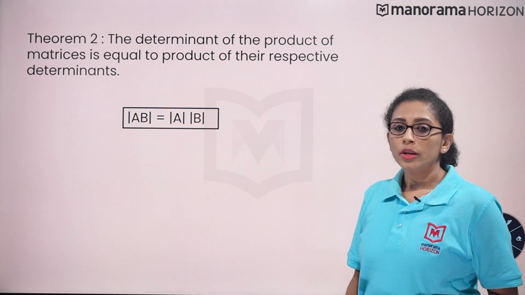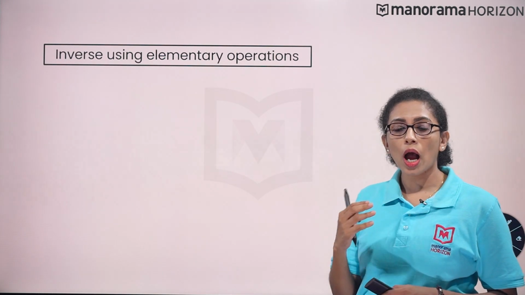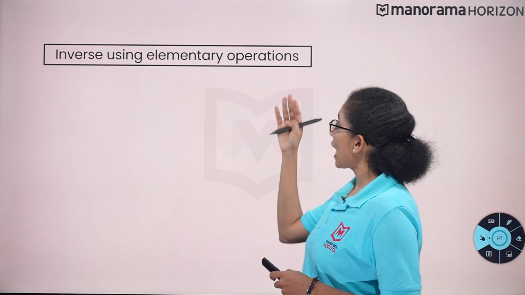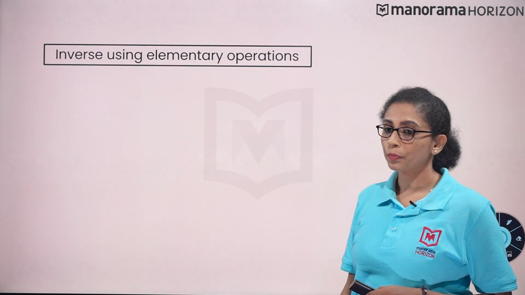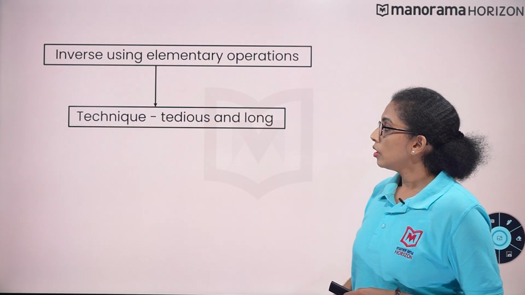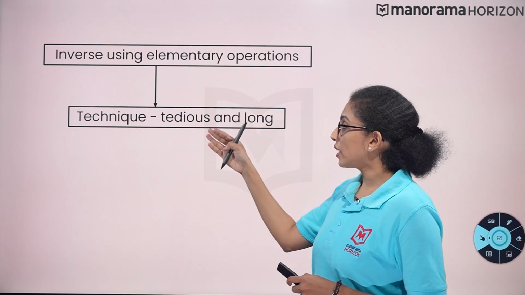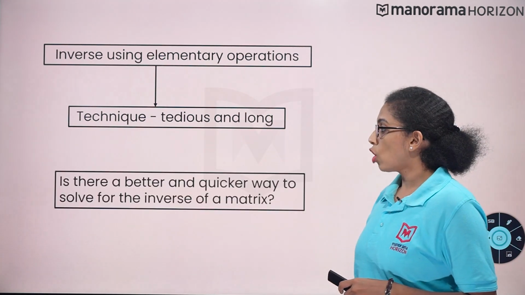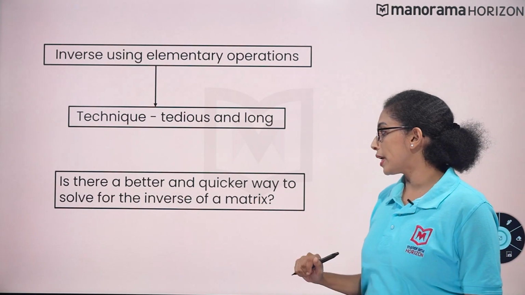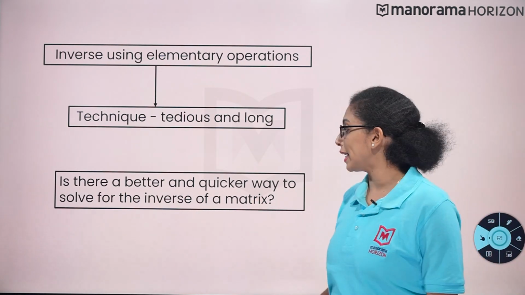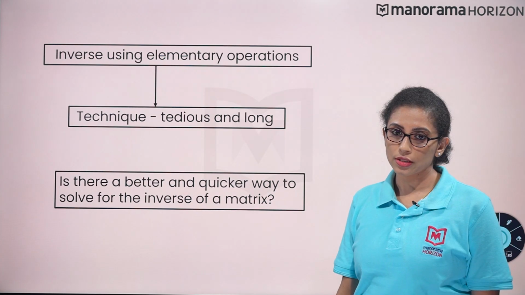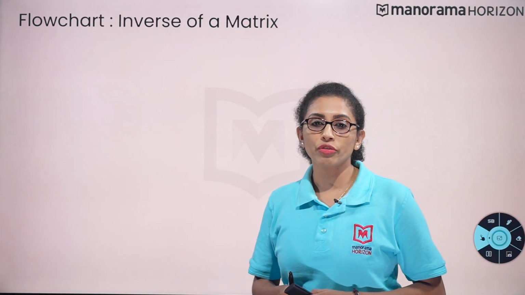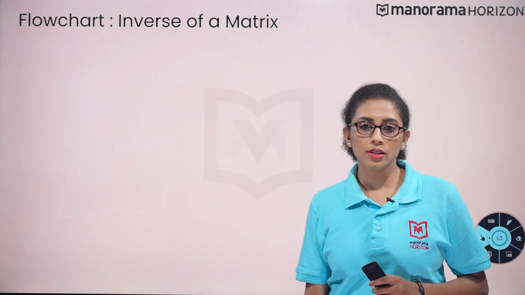Alright. Now, do you remember how to find the inverse of a matrix using elementary operations? We have found that the technique was very tedious and a long task. Now my question is, is there a better and a quicker way to solve for the inverse of a matrix? Let's see. I can show you a flow chart for finding the inverse of a matrix for simple and better understanding.